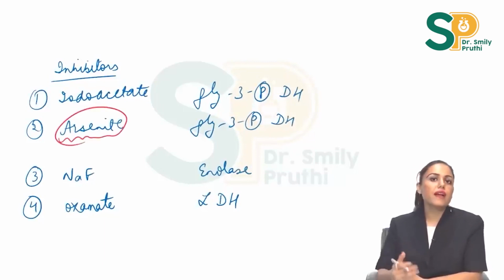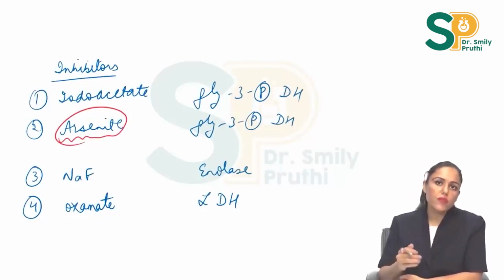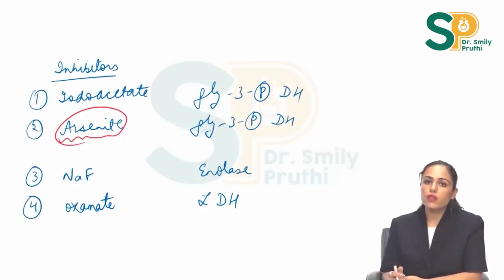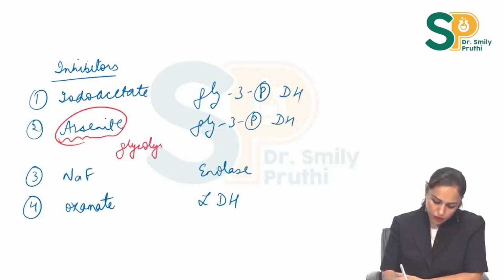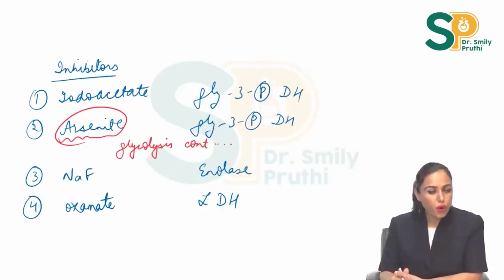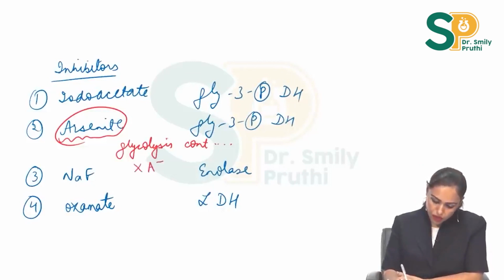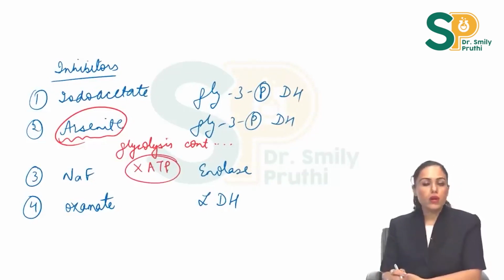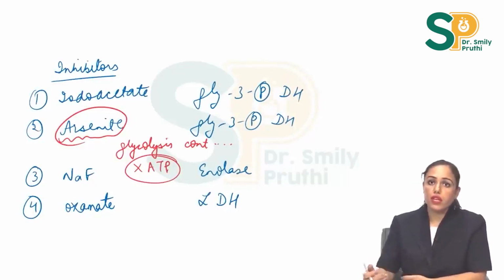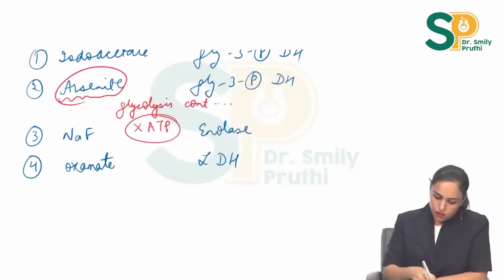When arsenate acts as an inhibitor of glycolysis, then the glycolysis pathway is not inhibited. Glycolysis will continue. Pyruvate will be formed, but no ATP will be formed. That is, 0 net ATP is formed in arsenic poisoning in glycolysis, right?